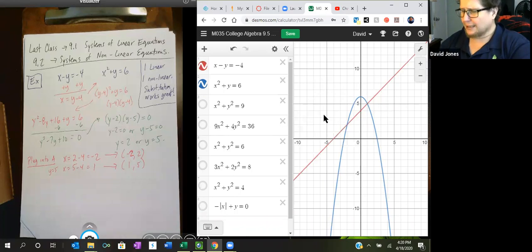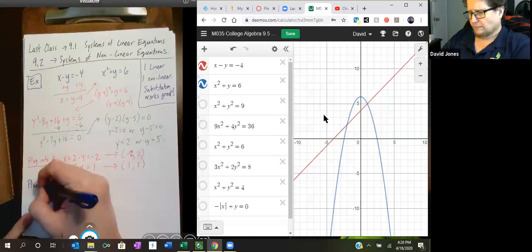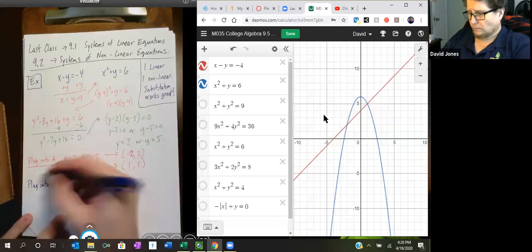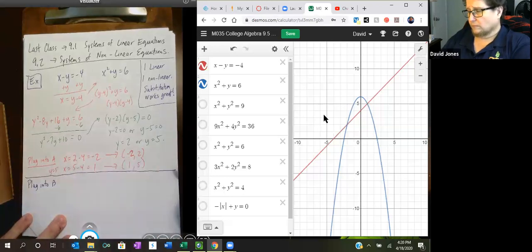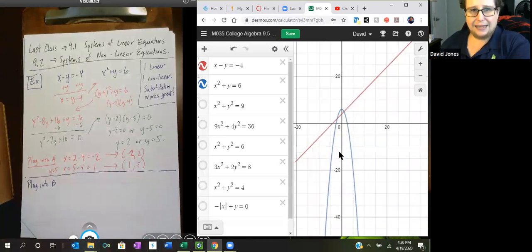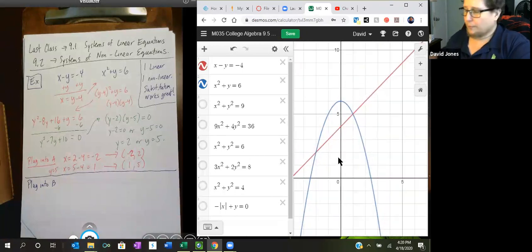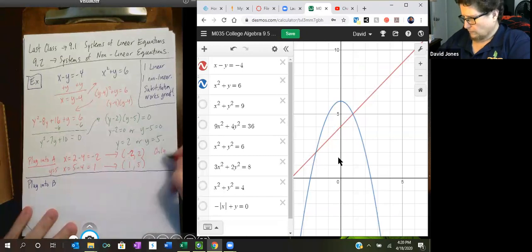What if I had plugged into B? And if we look at the graph, that is the only points they intersect, okay? That's the only points of intersection. Or only points they cross.